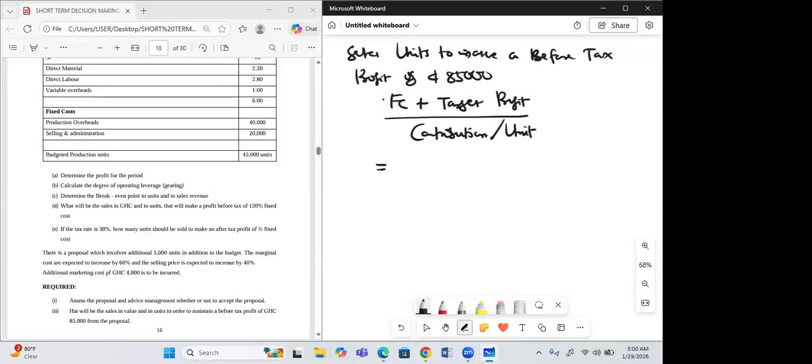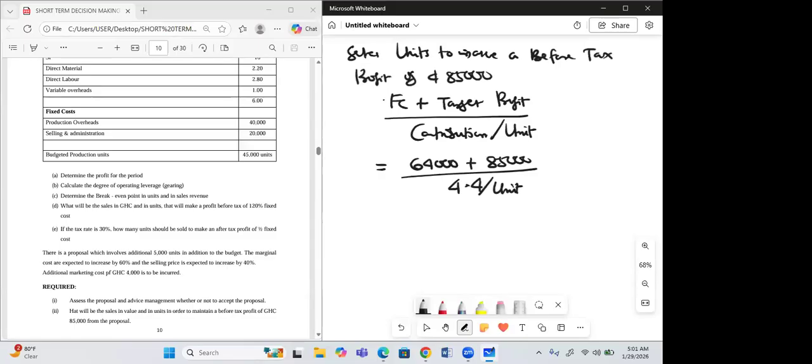So now the new fixed cost became what? 64,000, right? And then the target profit is 85,000. The new contribution per unit gives us 4.4. So 4.4 per unit.